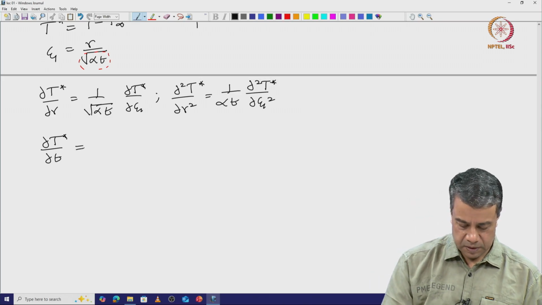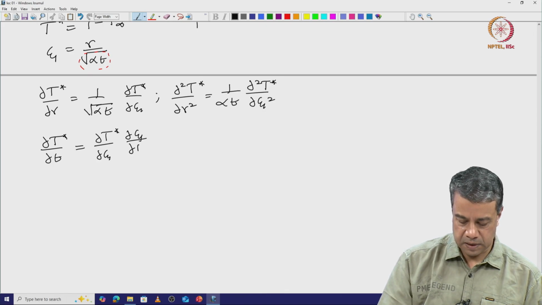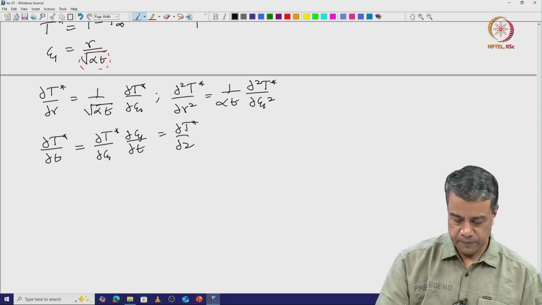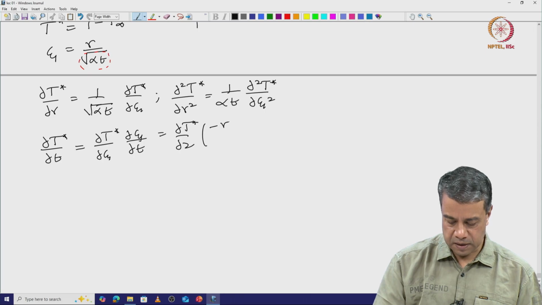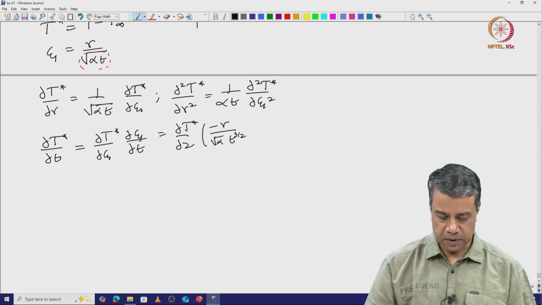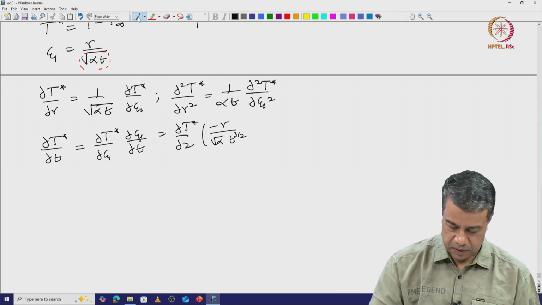The time derivative is equal to partial T star by partial psi into partial psi by partial t, into minus r by root alpha t power 3 by 2. I have a t power minus half, so this should have a factor of 2 here.